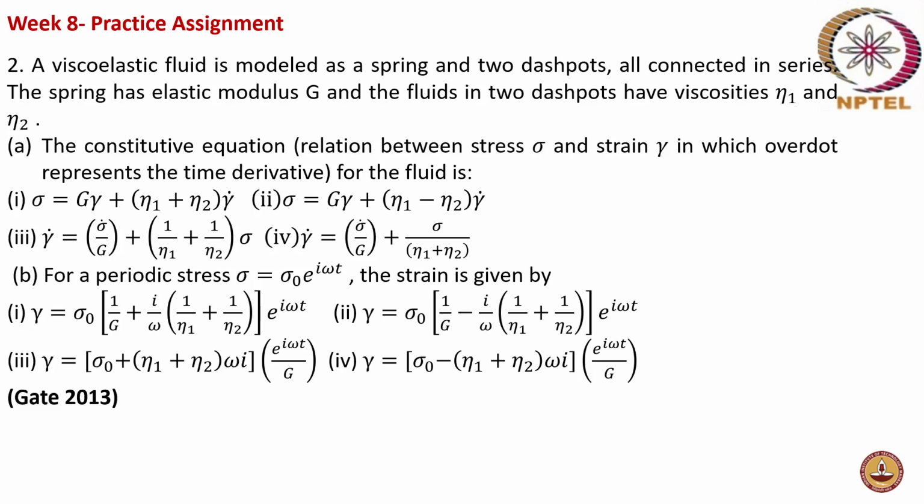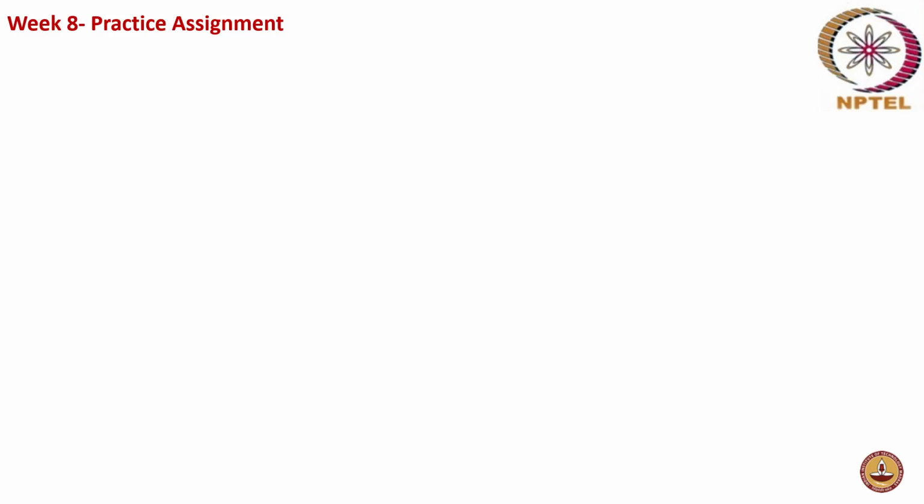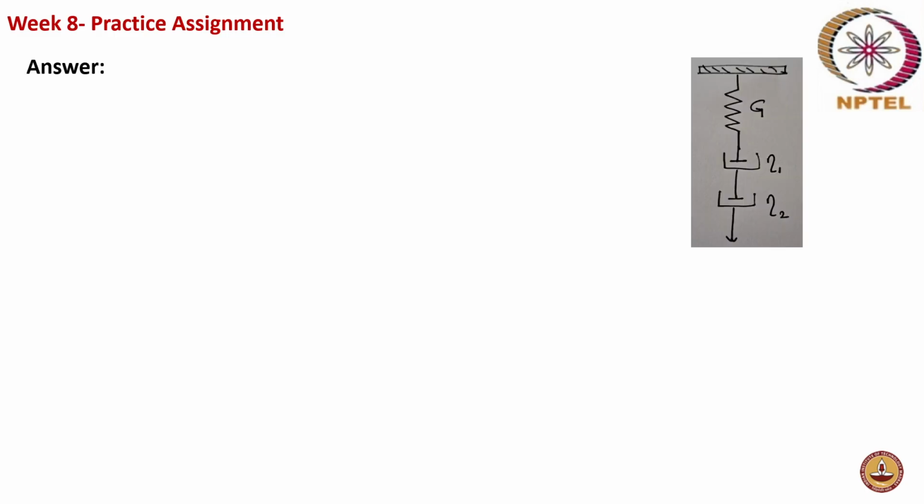Here they have given a viscoelastic fluid with a spring and two dashpots, connected in series, so this is how the system will look. There is a spring with modulus G and two dashpots connected in series with viscosities eta 1 and eta 2. Okay, so why do you think they have given two dashpots?